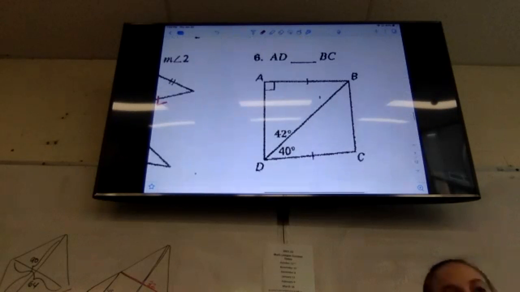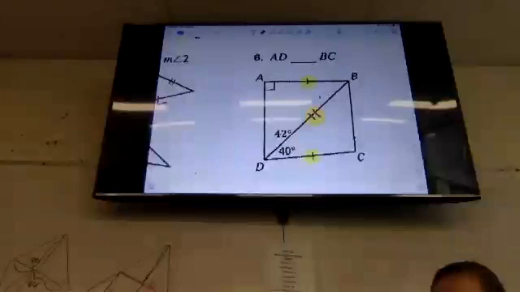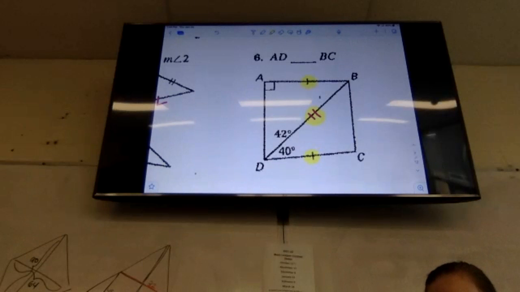And this last one, we actually have to do something before we can solve this. Good. We have to recognize the reflexive property. So this side and this side are congruent, and then these two. It is not ASS. We care about AD and BC. Remember that it has to be the included angle. So here's one side, here's another side.